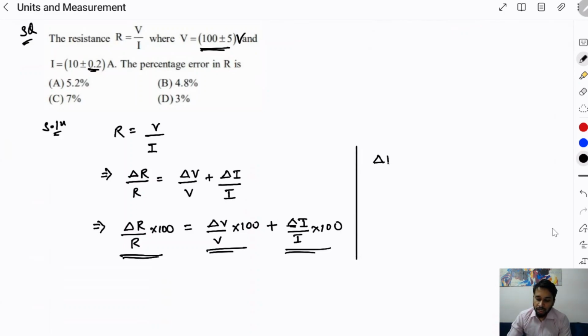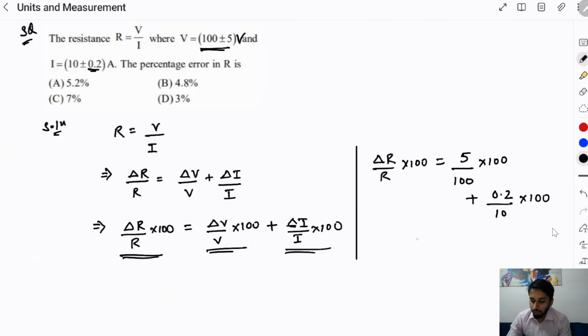So now delta R by R into 100 will be equal to, now delta V by V. So delta V is 5. Okay, delta V they are given as 5 and V is 100. So 5 by 100 into 100 plus delta I by I. So delta I is 0.2 by 10 into 100.